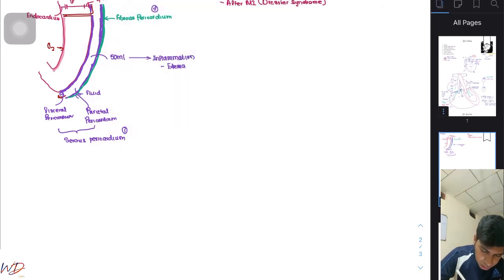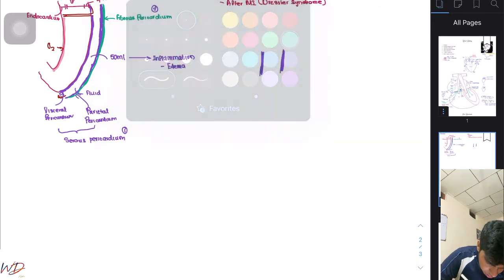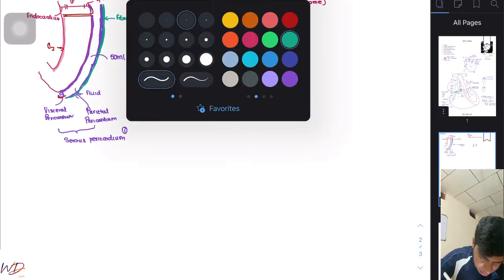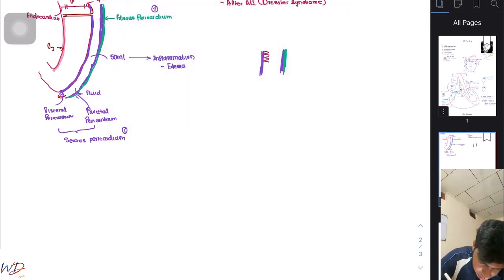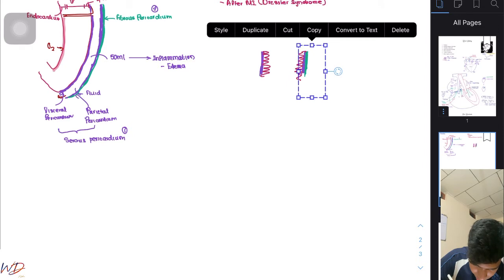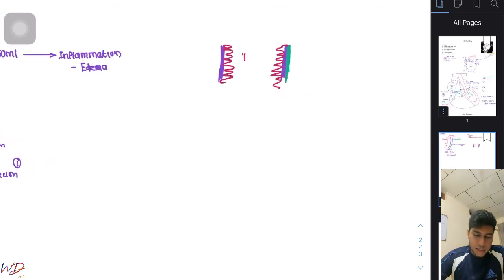Now, these two we don't need. There's going to be edema of the wall of the serous pericardium. Let's draw it in another structure. So if this is the serous pericardium, visceral, parietal, and the epicardium, there's going to be edema, swelling of that.